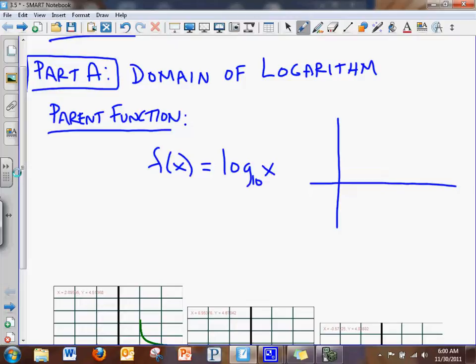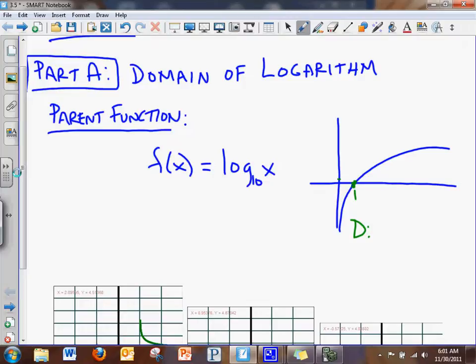So the graph of this parent function looks like this. It passes through the x-axis there at 1, and it approaches the y-axis, and then it ends up increasing over to the right. So if I wanted to start by talking about the domain of this parent function, it starts at 0 but doesn't touch 0.